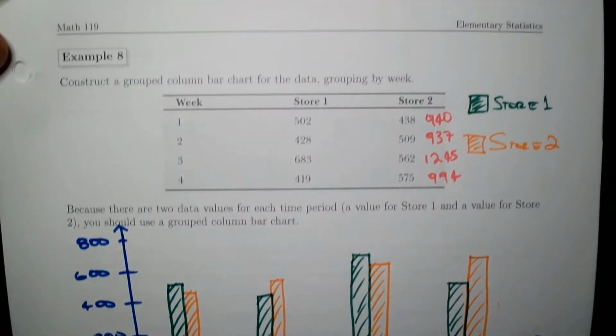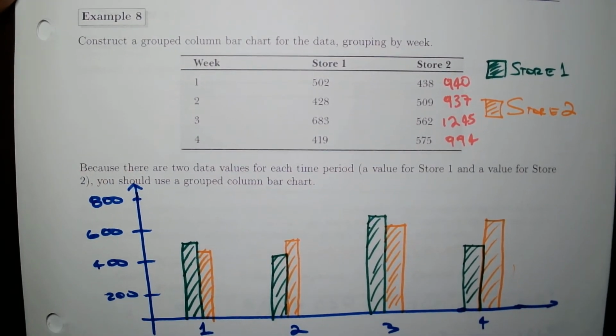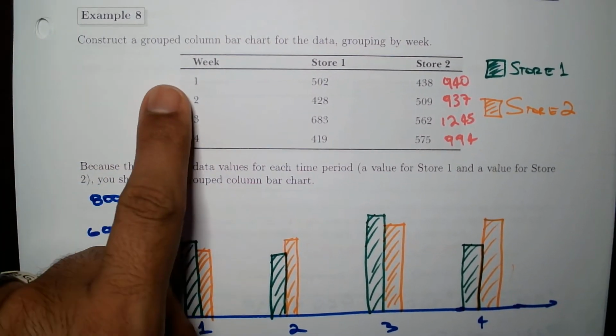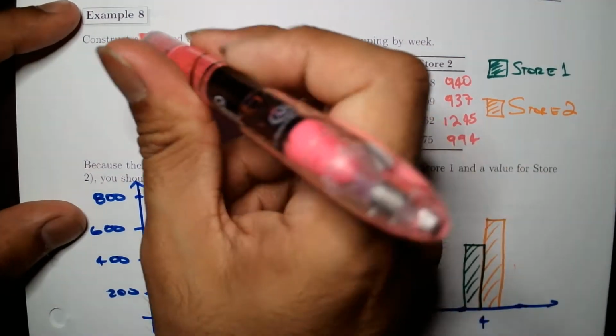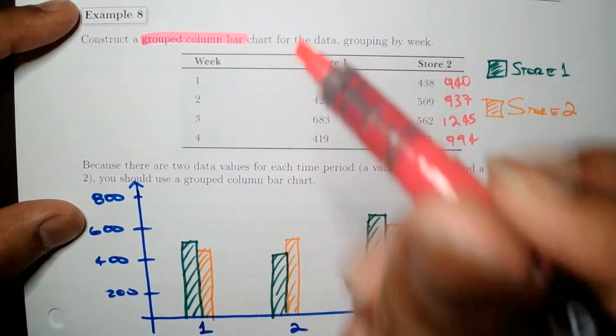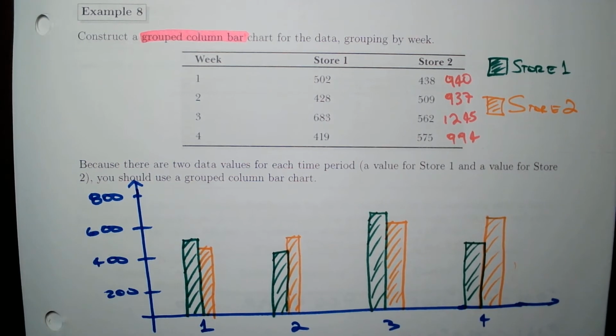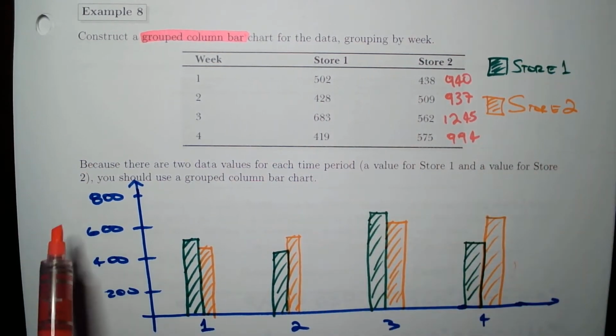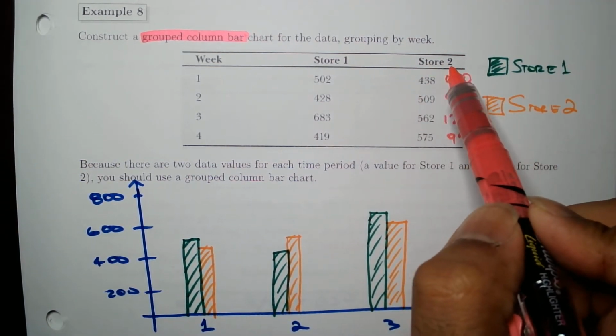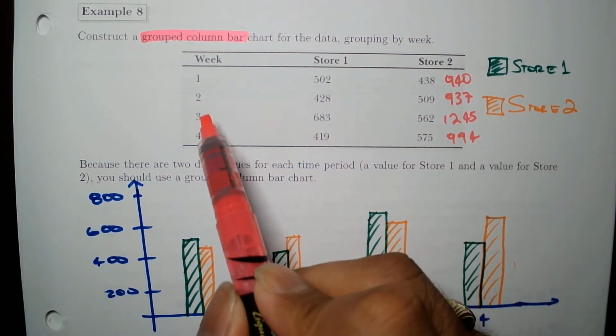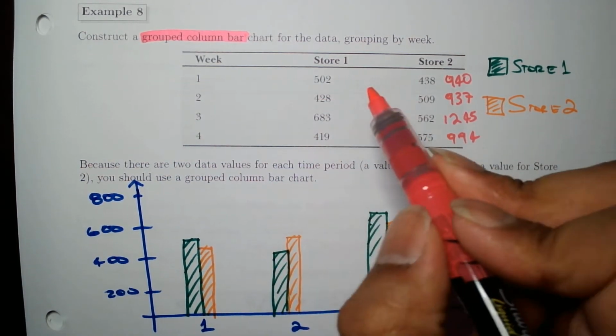So there's more about bar charts, but this is a really interesting way: grouped column bars. We use this kind of bars when we want to compare data from two different observations. For example, here we have the number of sales of several weeks throughout a month, I guess, because there are 4 weeks, in 2 different stores.